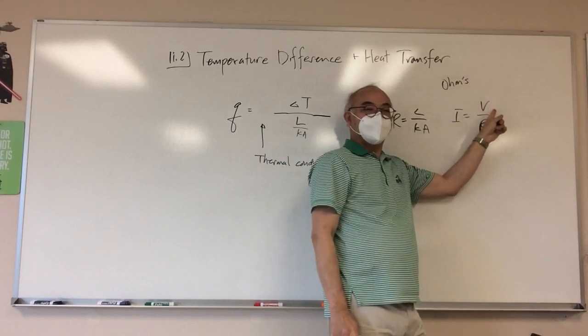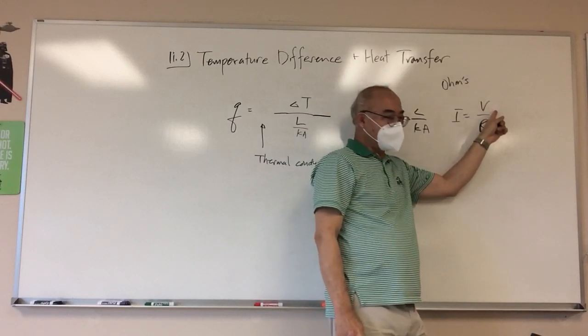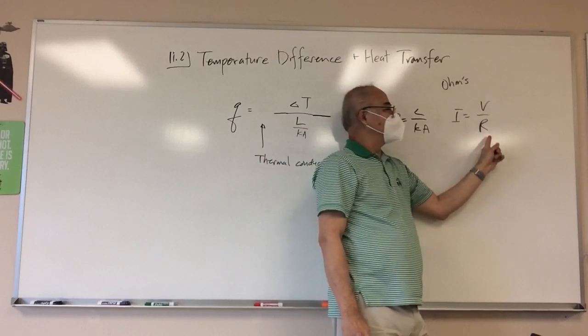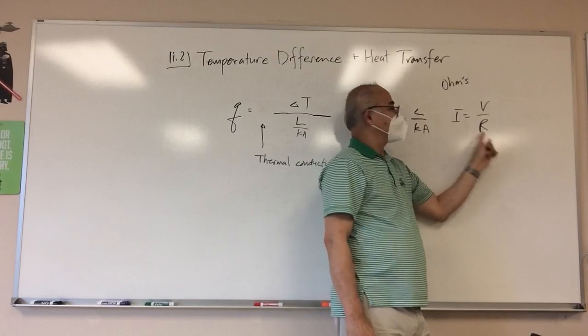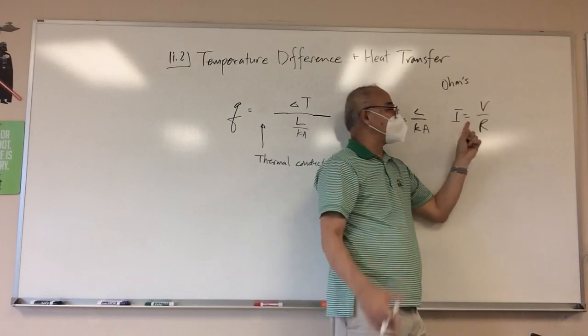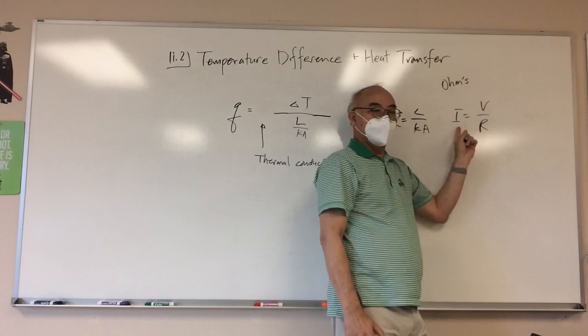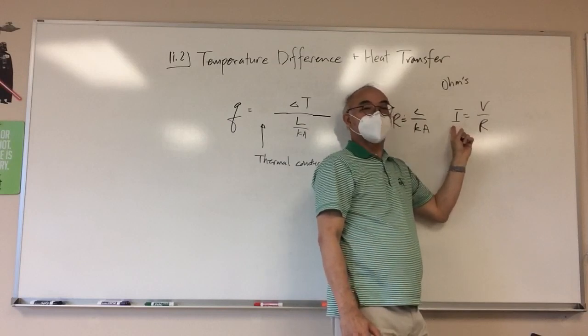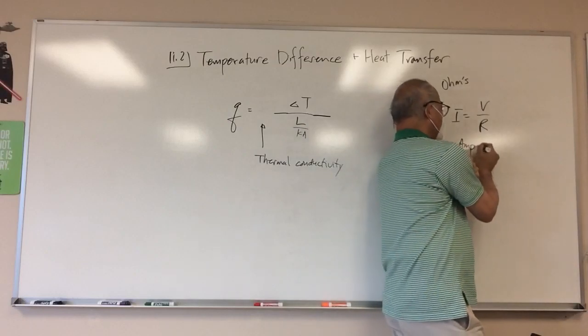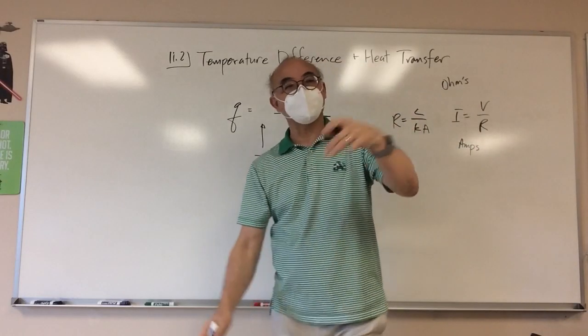V is voltage, volts. R is resistance, ohms. And I is current, so it will be in amps. You guys don't know this yet. We'll talk about this later.